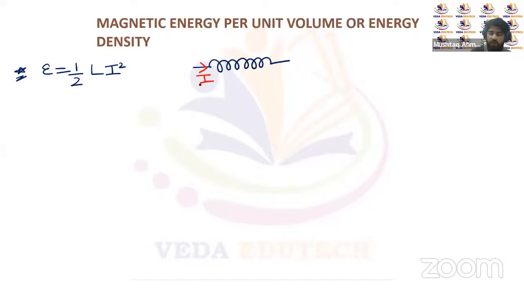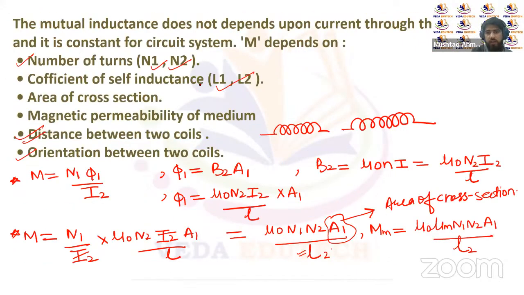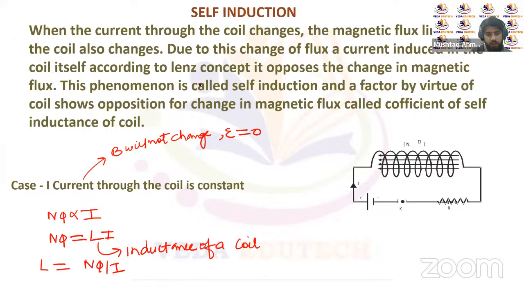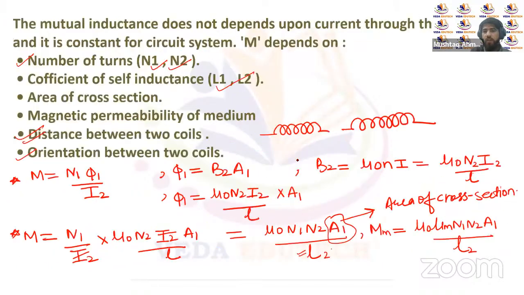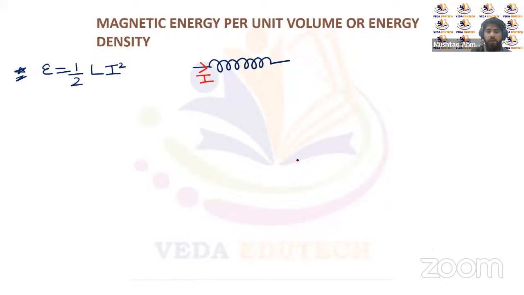We know that the value of L, the coefficient of self-inductance that we calculated for this, was given by mu naught n square A by l in the case of a solenoid, if the inductor is solenoidal in nature.